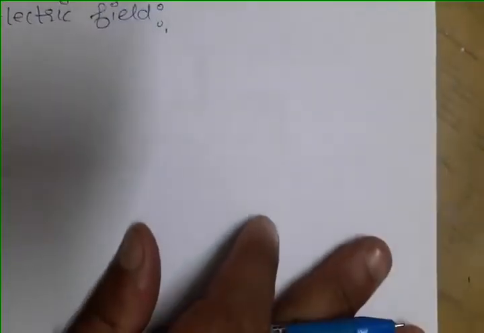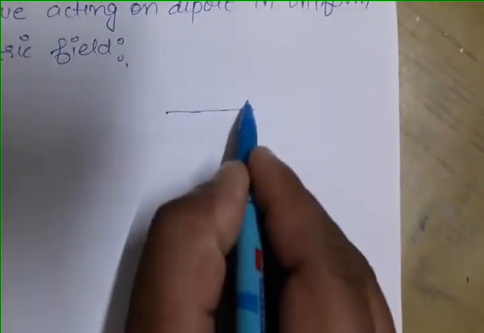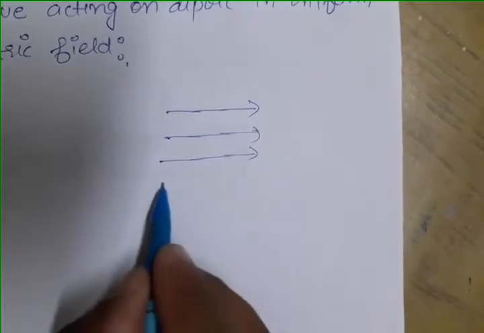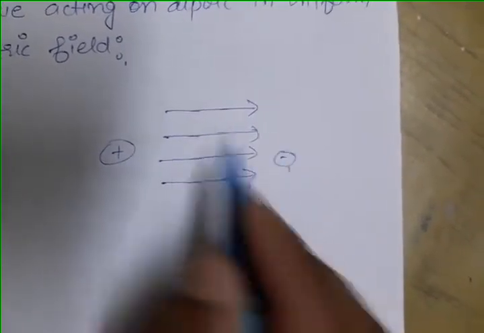Torque, very simple article, very easy article. So consider a uniform electric field represented by these arrows. You know that these arrows represent the direction of electric lines of force. This side is positive, this side is negative.